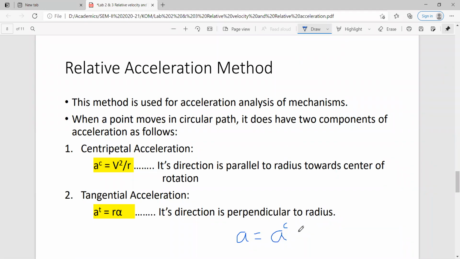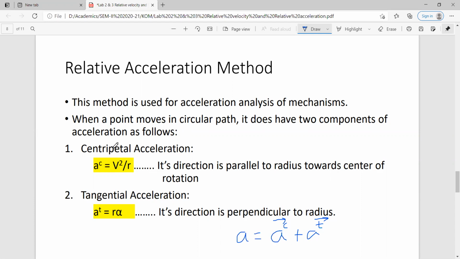It is the centripetal acceleration plus the tangential acceleration, ac, at. You add these two components vectorially. These two are vectors because acceleration has magnitude as well as direction. Vectors are added by a different method. Remember, it is not the algebraic sum.